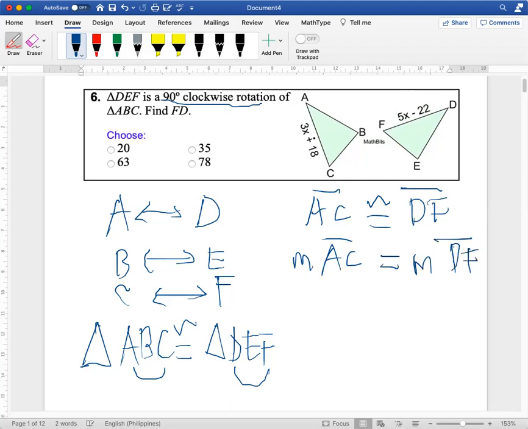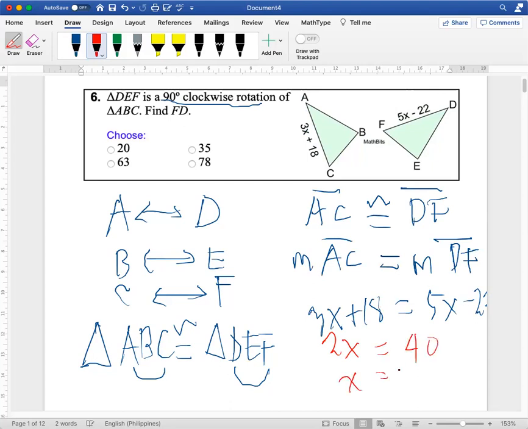Now, since we have expressions for AC and DF, we can substitute them here. So 3x plus 18 is equal to 5x minus 22. Let's solve for x. So we have 2x is equal to 40, and x is equal to 20.